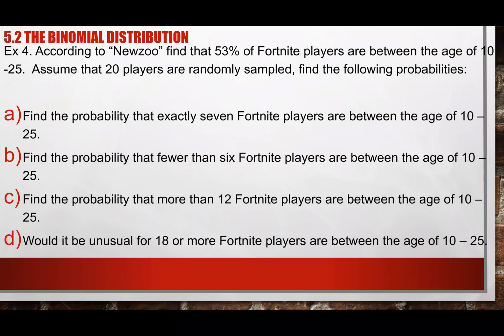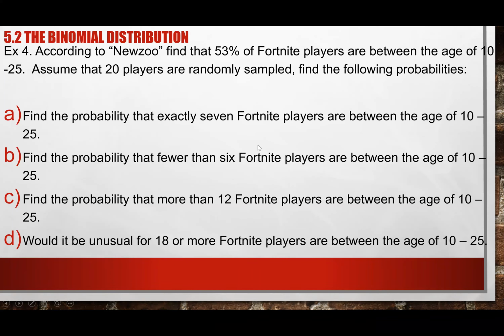But again, let's take a look at this. As you can see, it is very, very similar to the previous one, right? According to Newzoo, 50% of Fortnite players are between the ages of 10 to 25. Assume that 20 people are randomly sampled.